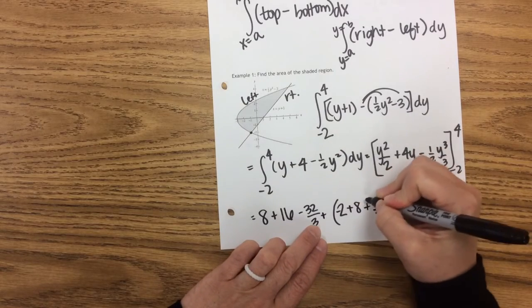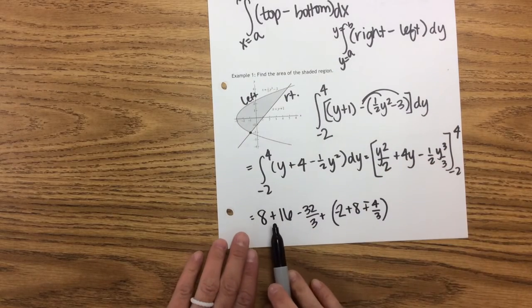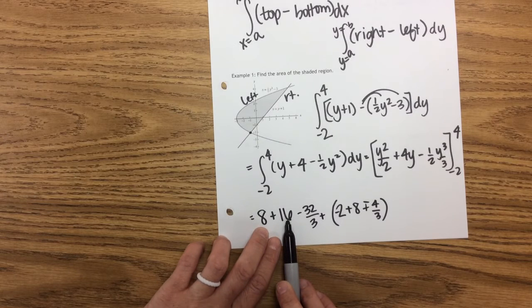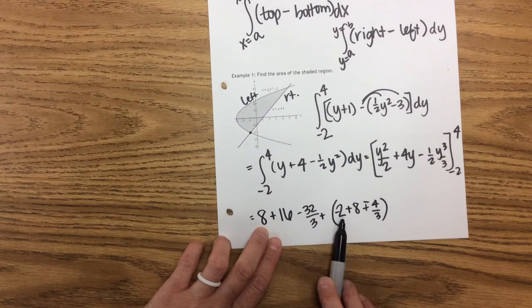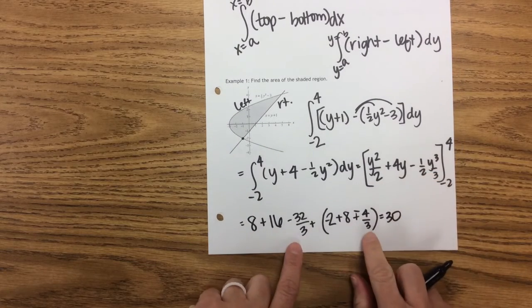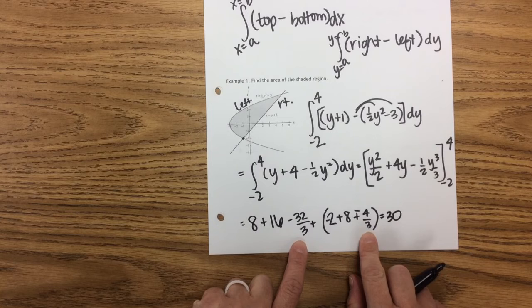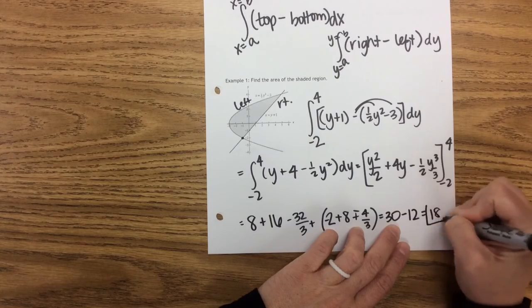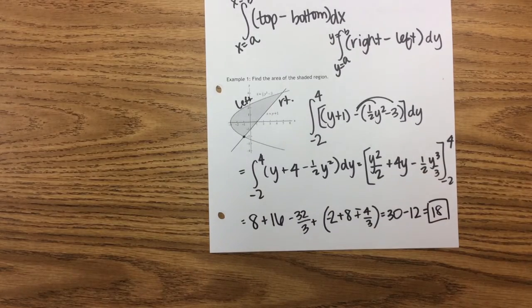I'll distribute that minus, and I end up with integers of 8 and 16, which is 24, minus 2, which is 22, plus 8, which is 30. And then these together would be -36 thirds, which is minus 12. So my final answer would be 18.